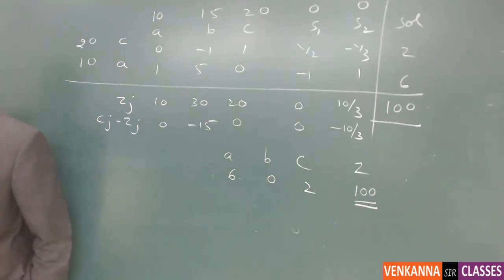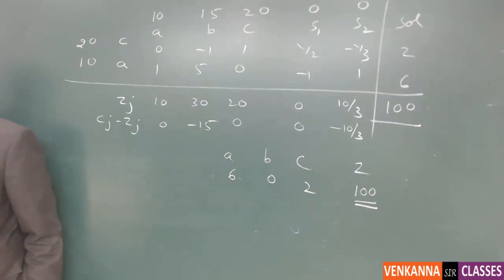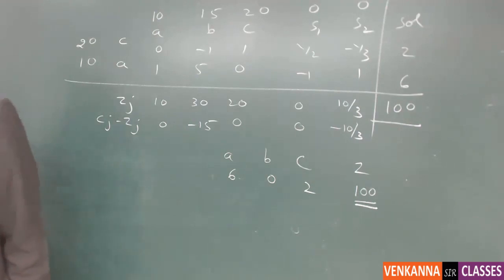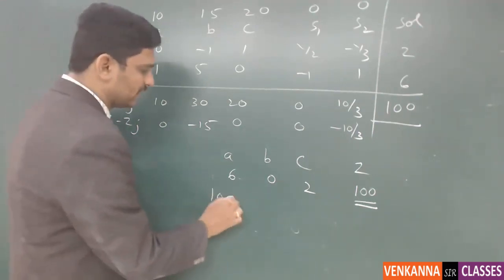Clear? Yes or no? Because objective function is 10 into A plus 15 into B plus 20 into C. Right. I will write the function also for convenience.